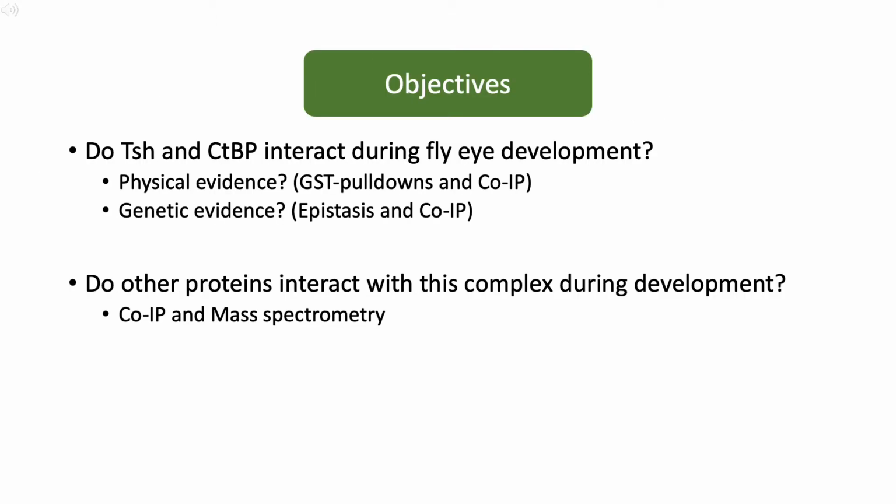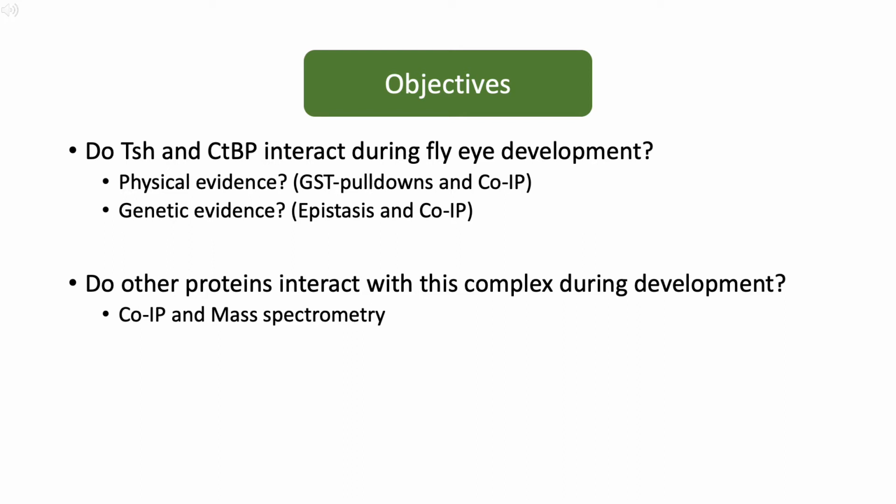So the objective of this project, or rather the question we're trying to answer here, is whether or not T-shirt and CtBP are interacting during fly eye development. We sought out to answer this by looking at physical evidence, including glutathione S-transferase pull-downs and co-immunoprecipitations, and also looking at genetic evidence, so epistasis, gene expression, and those co-immunoprecipitations again.